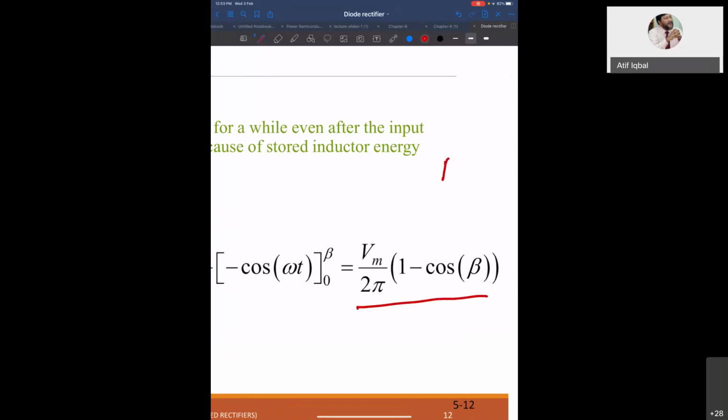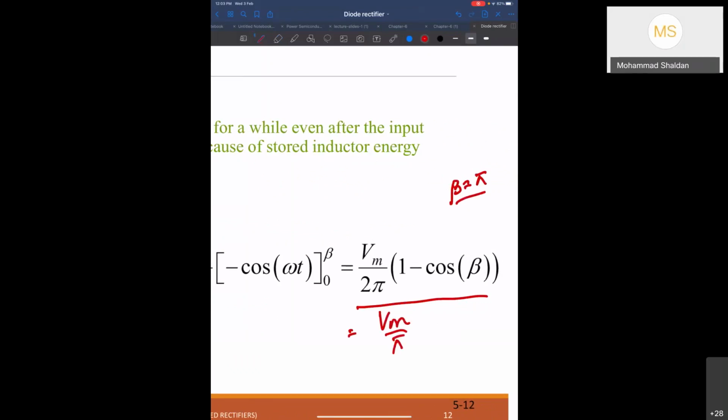Now what happens if beta is equal to 0? The average voltage will be 0. Actually, beta equal to 0 is not a good example. What happens if beta is equal to pi? It will be Vm over pi.